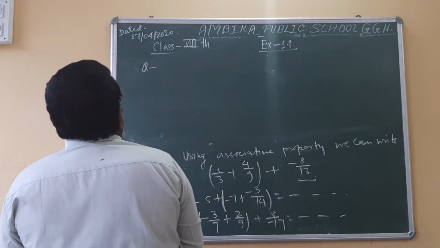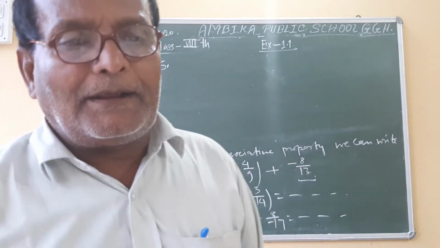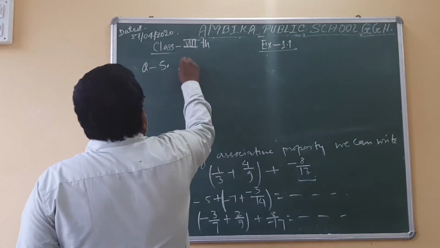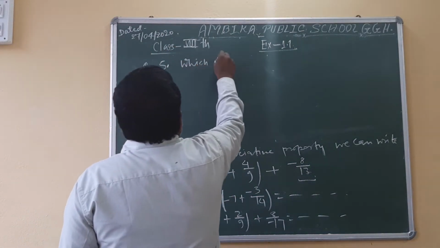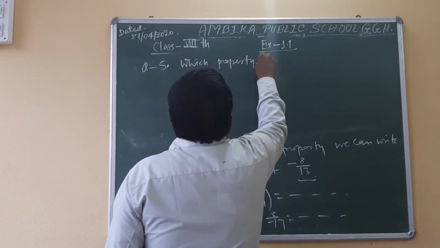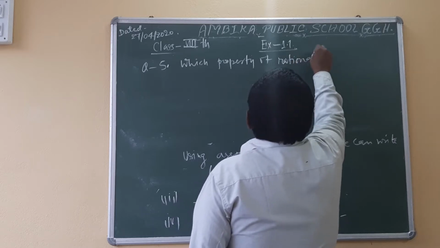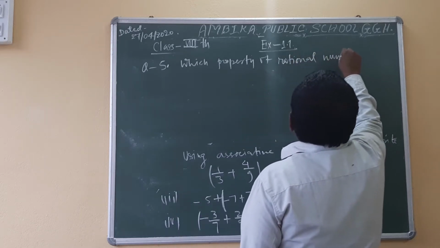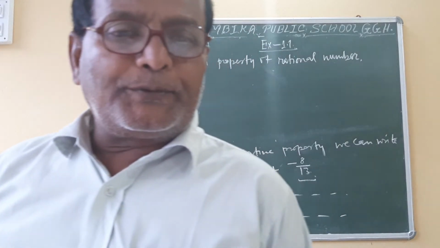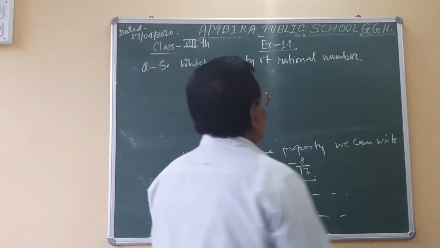Which property of rational numbers is illustrated by the following statements?